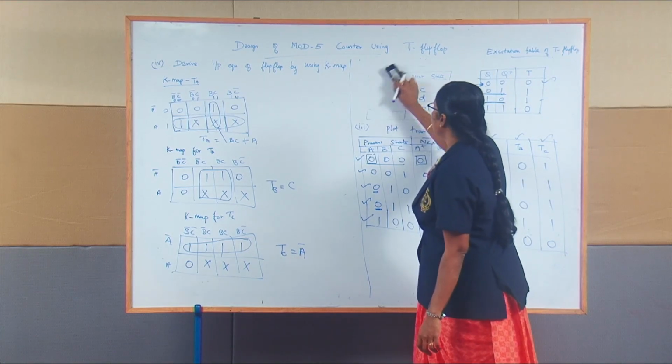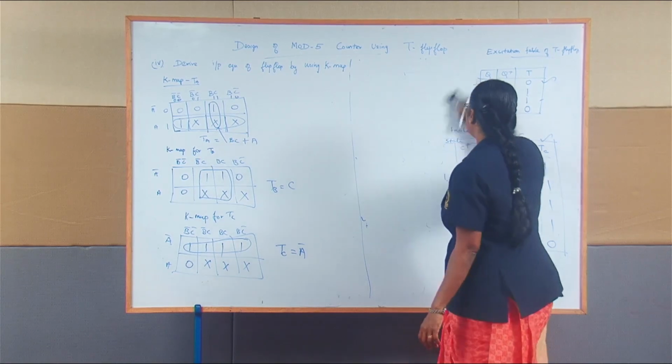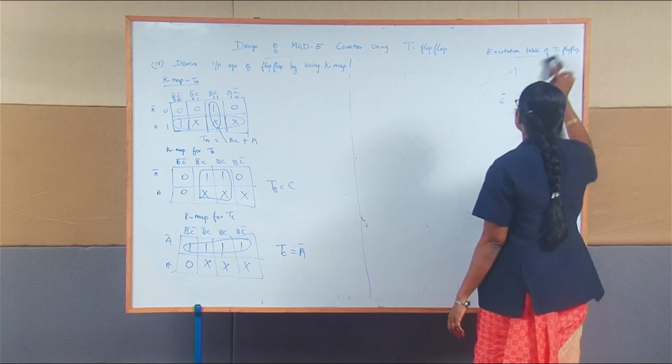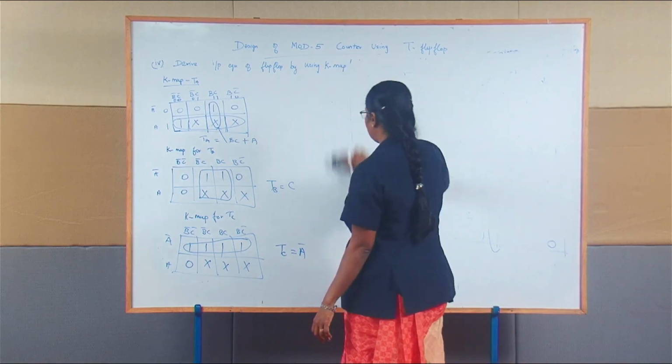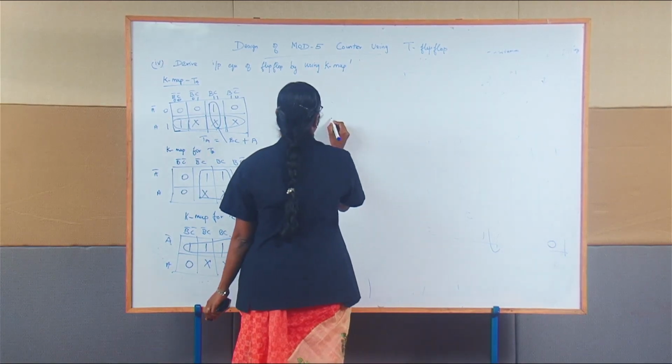And the final step is to draw the logic diagram. Here we have 3 flip-flops, TA, TB, and TC.